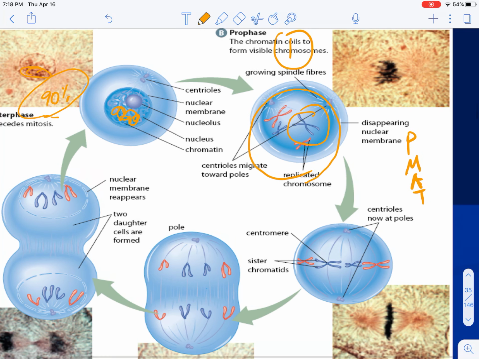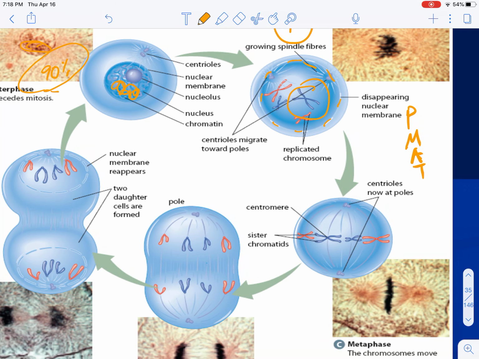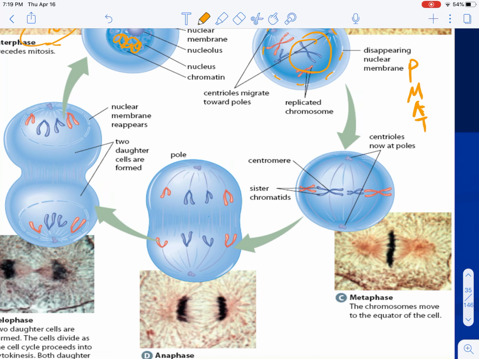But you'll also notice that our nuclear membrane is disappearing here. So no longer will the chromosomes be in a nucleus. The activity of separating those chromosomes will take up the whole space of the cell, so you don't see a nucleus anymore for these four stages.